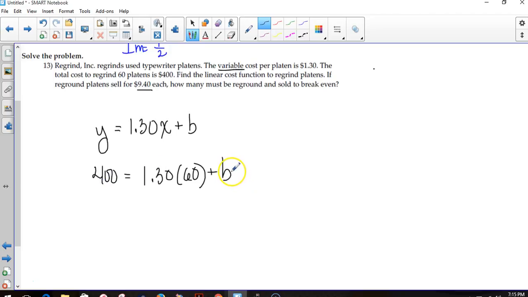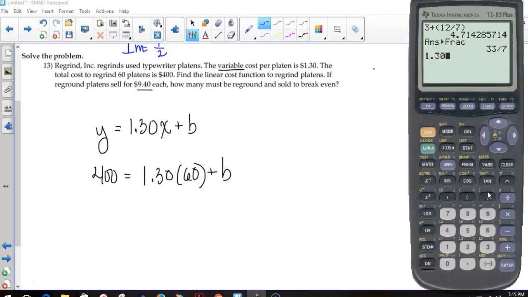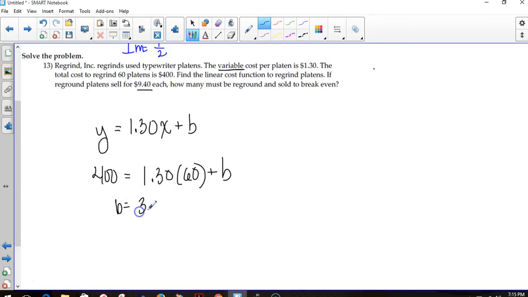So I can find that fixed cost. $1.30 times 60 is 78, and 400 minus 78 gives me a b of 322. And so the cost to regrind each platen, I'm going to say C of x, is $1.30 x plus $322. I'm going to sell each one of these for $9.40.